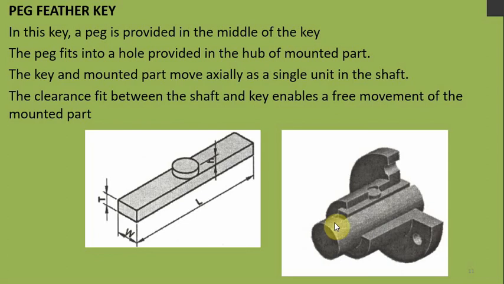If you provide a sufficient keyway length here, since it is locked here, this key and hub will act like a single part, and that single part can be slid over the shaft. The clearance fit between the shaft and the key enables free movement of the mounted part.